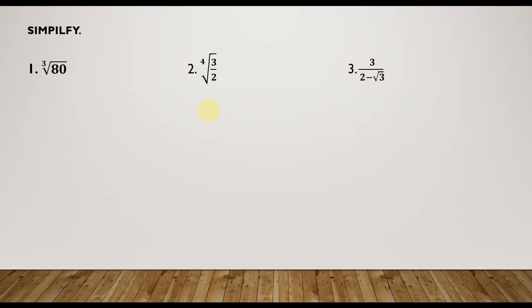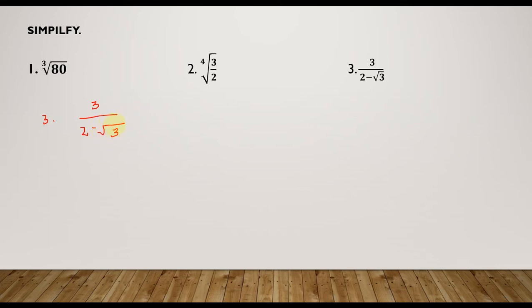Number 3. The third example is 3 over 2 minus square root of 3. If your denominator is a binomial, you're going to apply the conjugate pair.